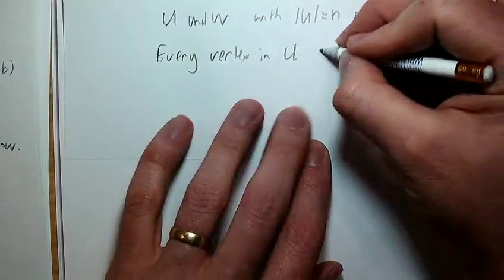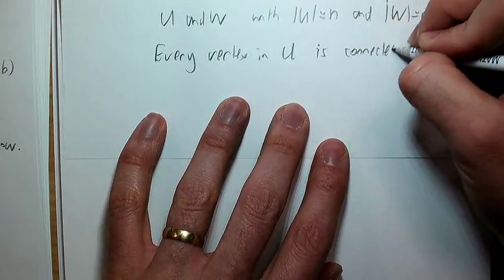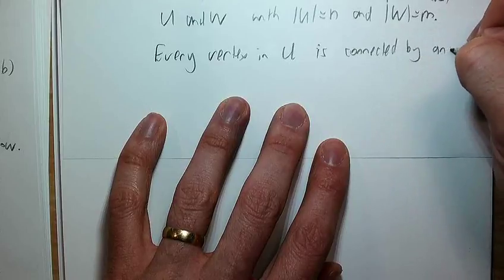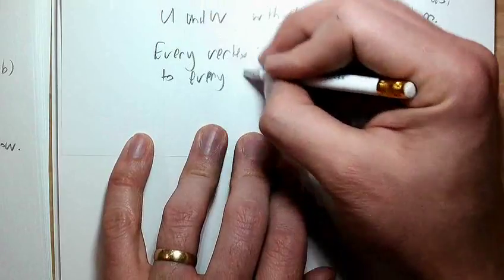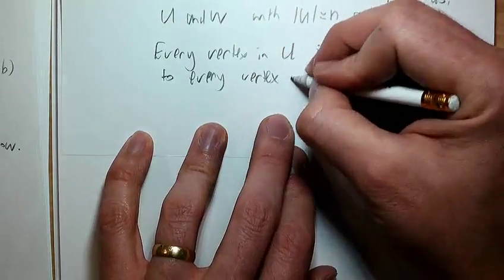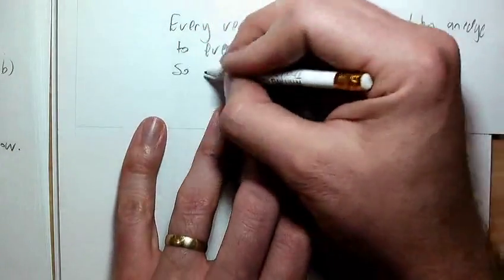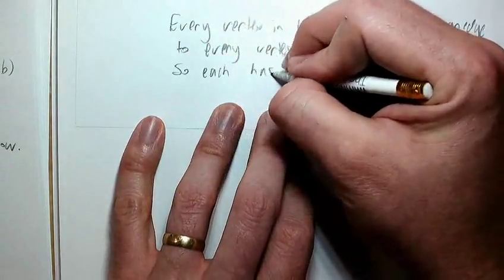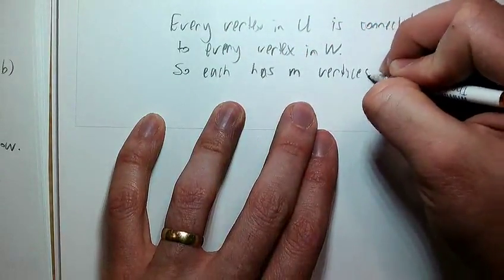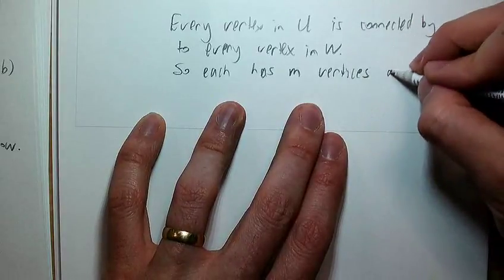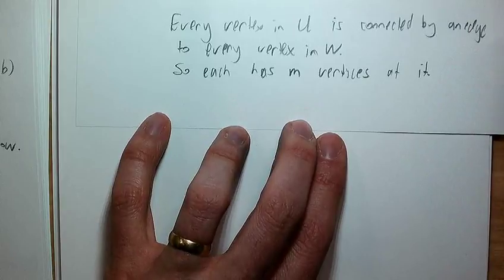Every vertex in U is connected by an edge to every vertex in W. So each has m edges at it.